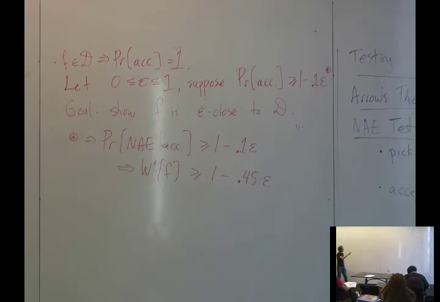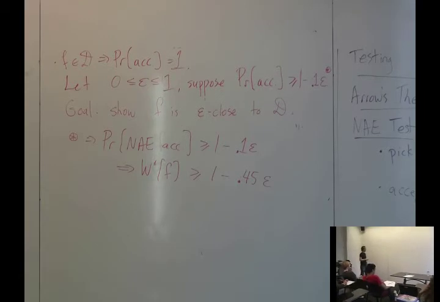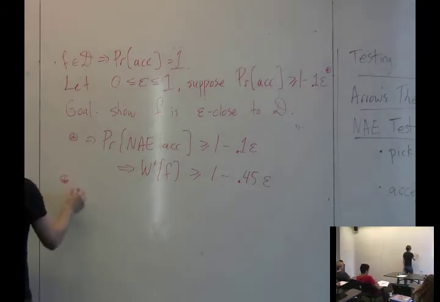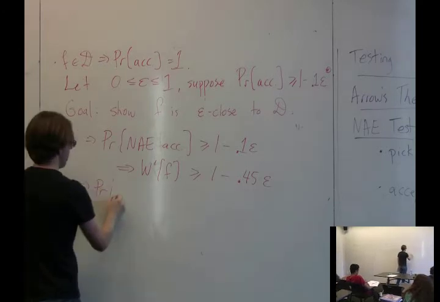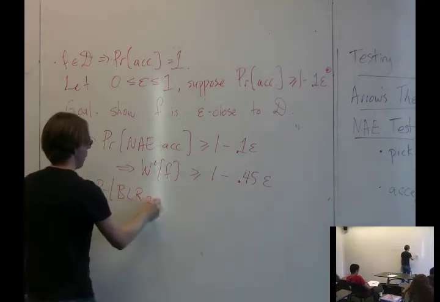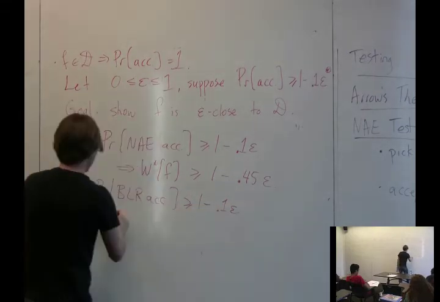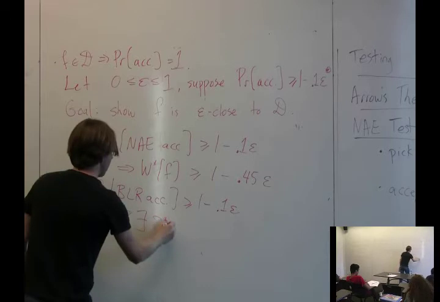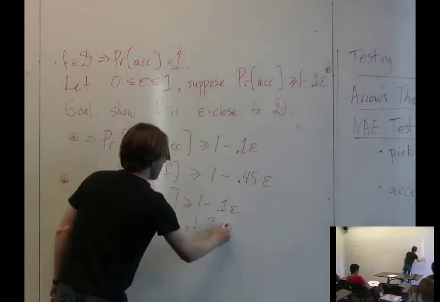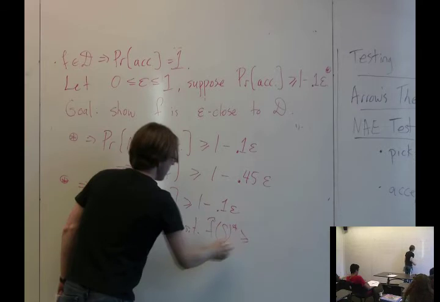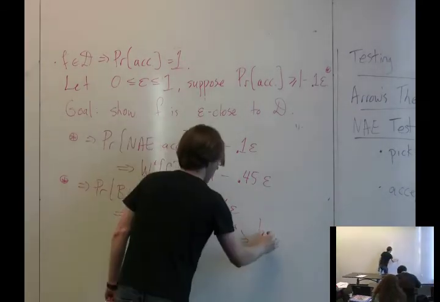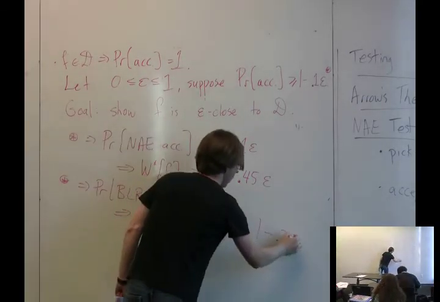As I said, you can see it's already starting to get slightly annoying to deal with these constants, so I'm going to eventually become more sloppy about it. But I'll do it correctly here. And we also know from this star that the BLR test also passes with probability at least 1 minus 0.1 epsilon, which implies there exists some S star such that f hat of S star is at least 1 minus 0.2 epsilon.